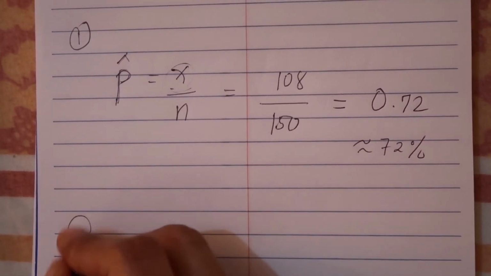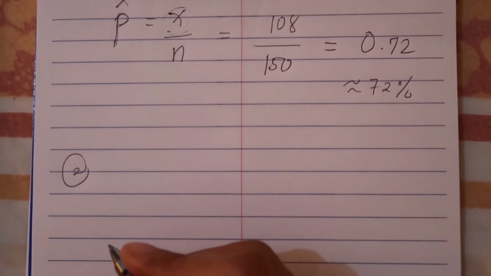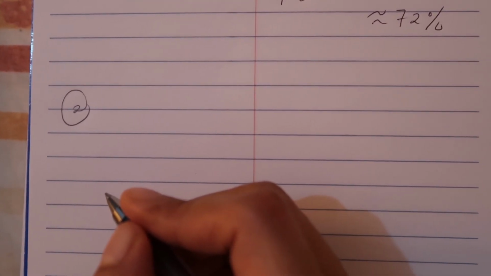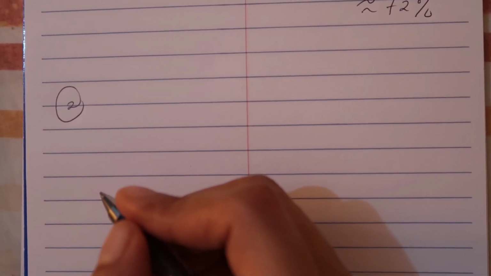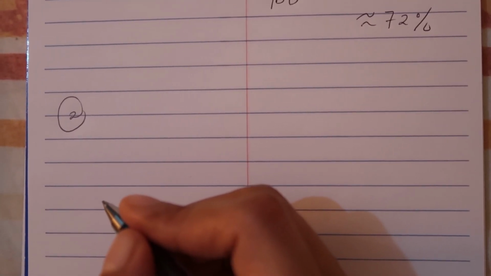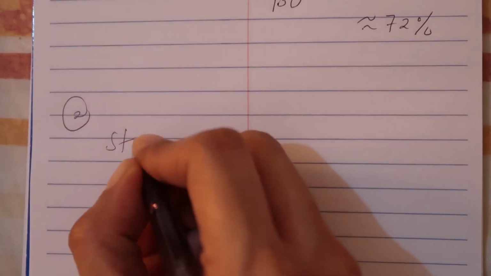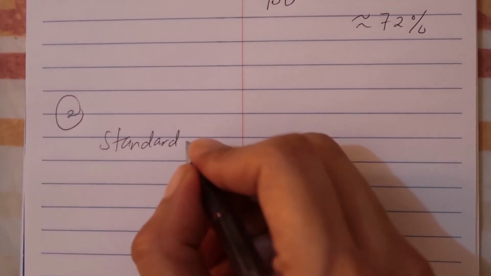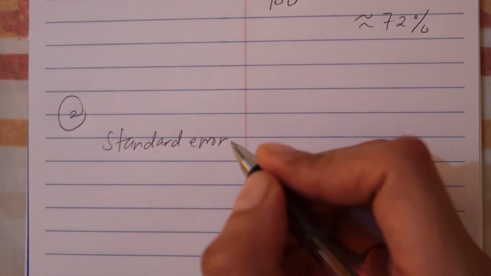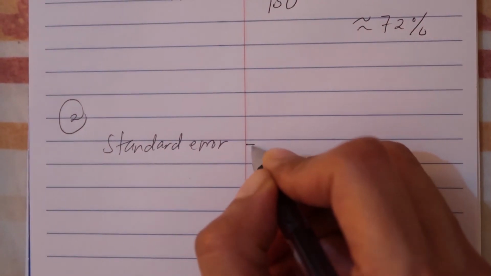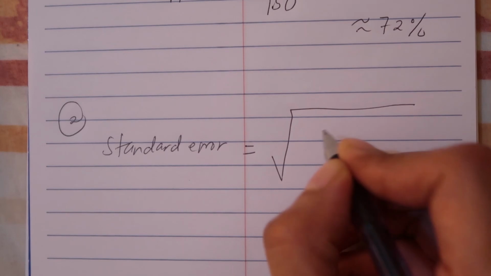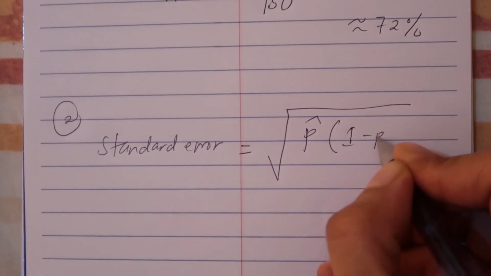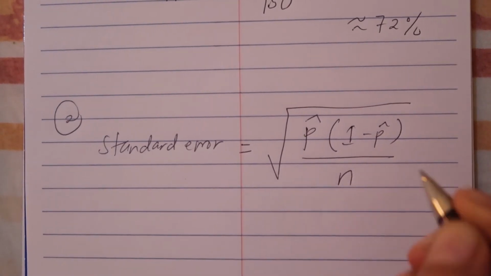Next, number 2. What is the standard error of this estimate? When we say standard error, we're referring to the standard deviation of the sample proportion. That will be equal to the square root of p hat multiplied by 1 minus p hat over n.